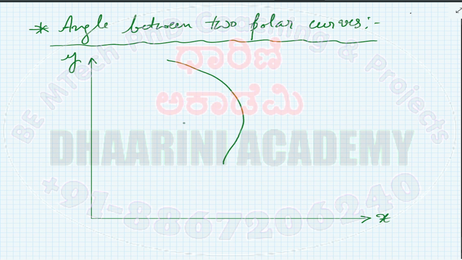And I also have another curve like this one. Now we know that they are intersecting at a given common point. This is the point of intersection, so let me denote that point as P. Right, now we are in the polar coordinates, that's why it is r comma theta.